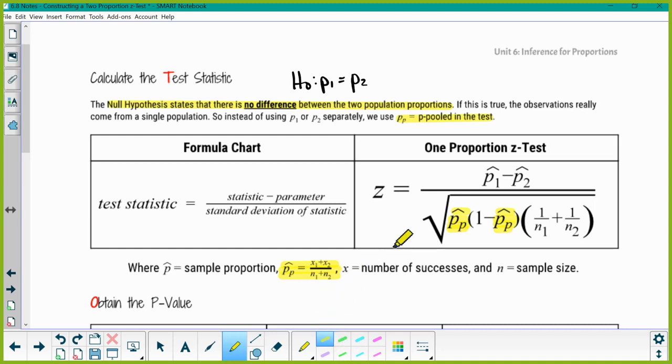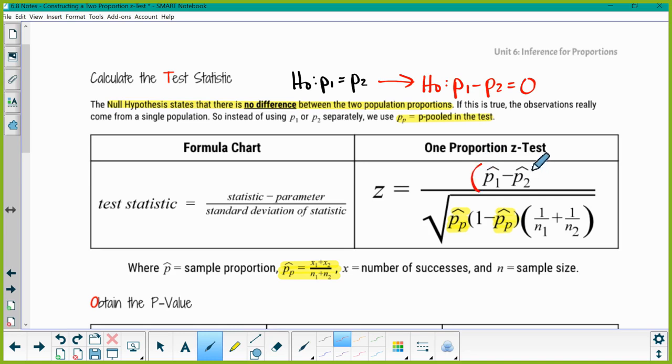One thing that I do want to go over, so you don't think it's a completely different formula than what you're used to: we usually do statistic minus parameter, where parameter is typically your p naught, your null proportion. Well, remember, if my null is P1 is equal to P2, that's the same thing as saying my null is P1 minus P2 is equal to 0.